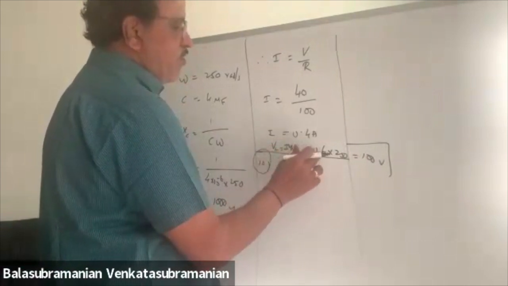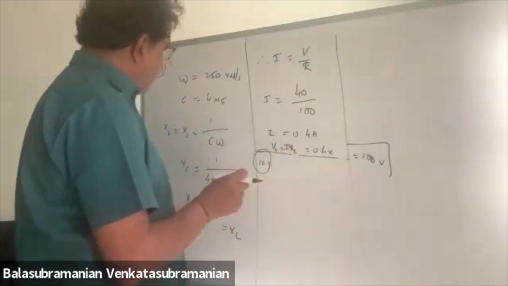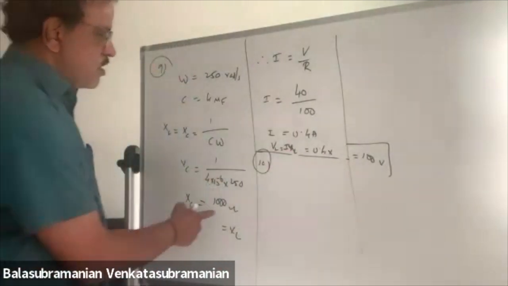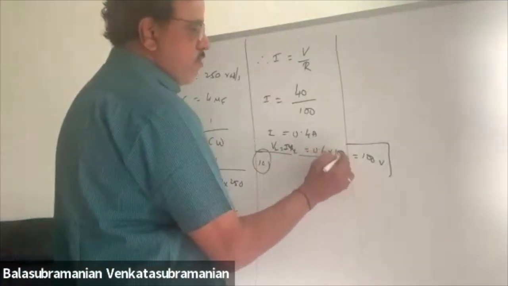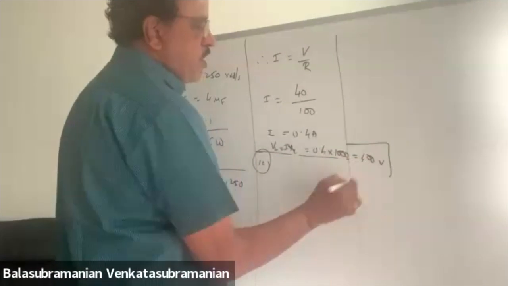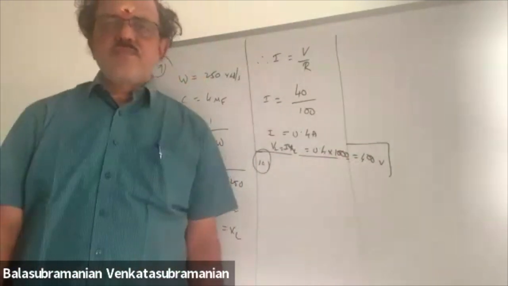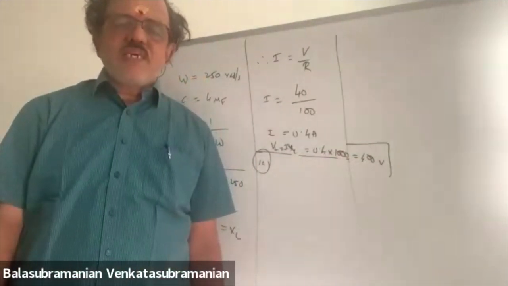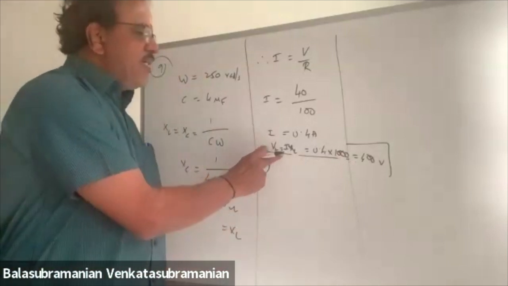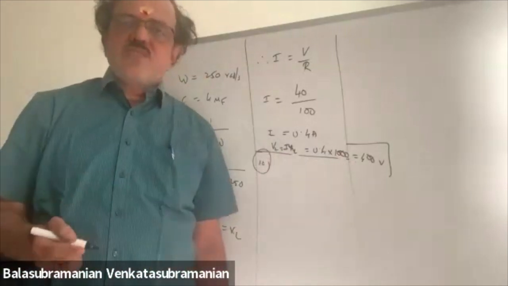I is 0.4. What is XL? 1000. So it is 400 volts. We have multiplied omega. Omega we know. VL is equal to I into XL, current and reactance.